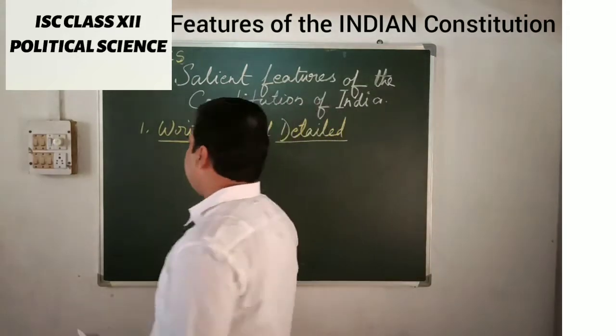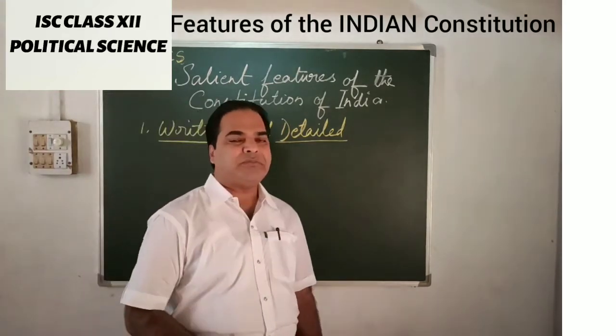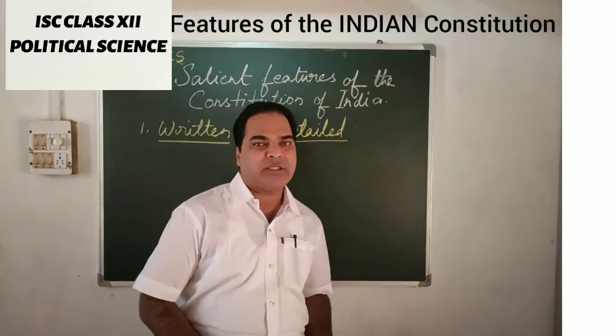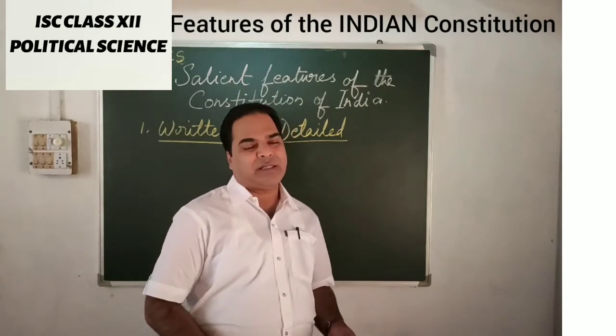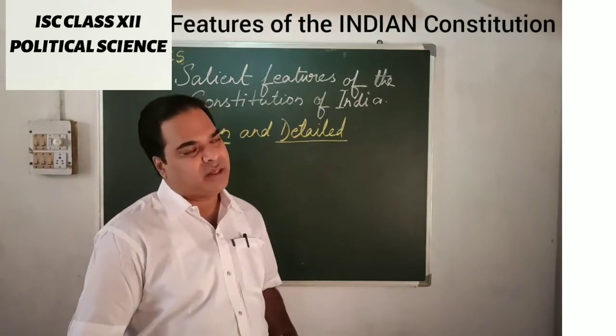So the first one is the written constitution. Our constitution is a written constitution as well as a detailed constitution. Why is it called a detailed constitution? Because each and every article is defined properly in our constitution.